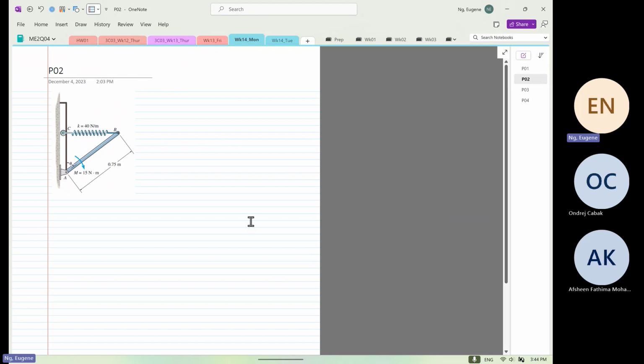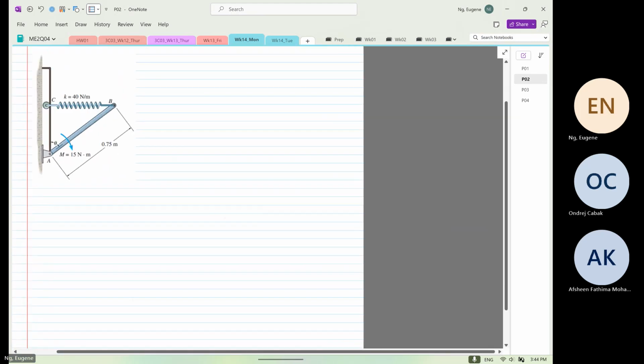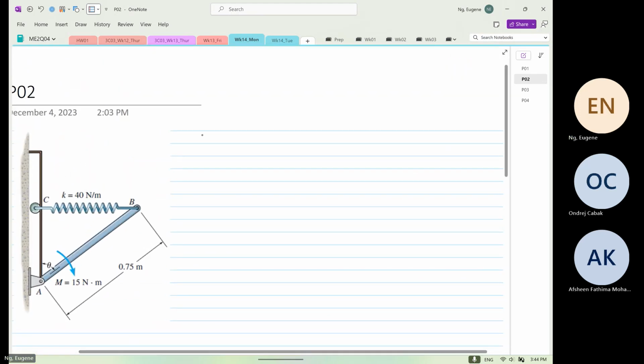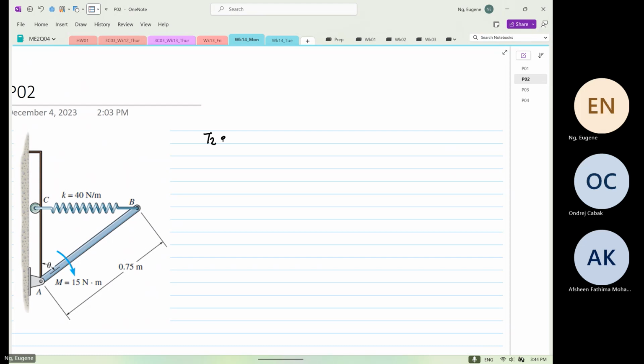So from here, we want to calculate T2. And the thing to take note regarding T2 is the rod is rotating about the fixed what? Axis at point A. Am I right?